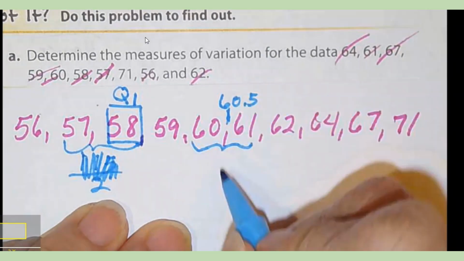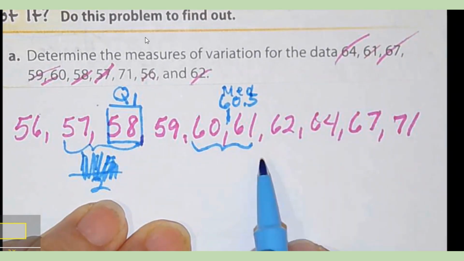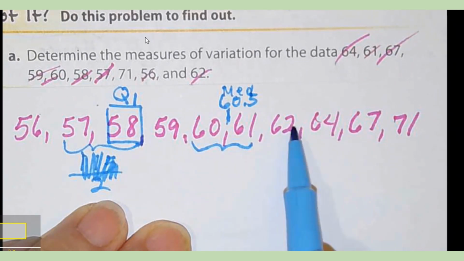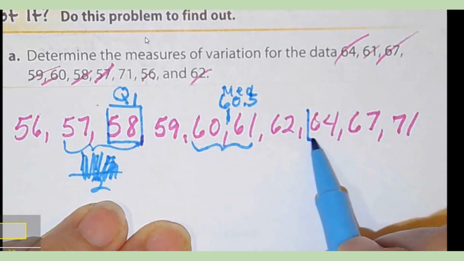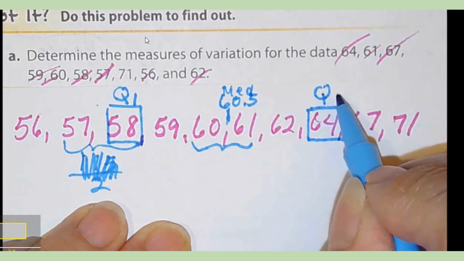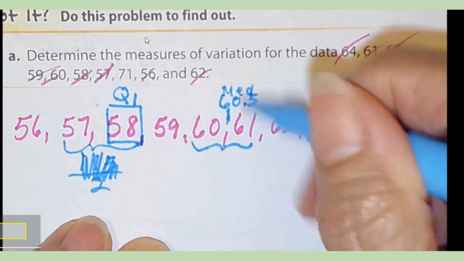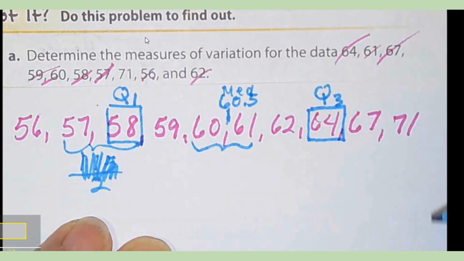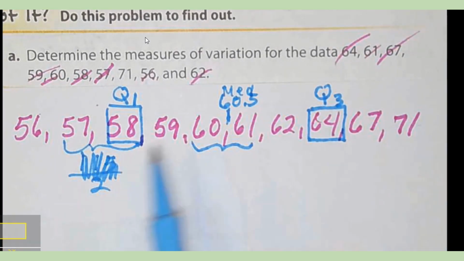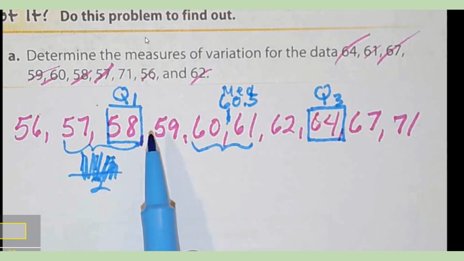This is my median. And so this, of course, because I forgot, I had this here, 1, 2, 3, 4, 5. This is my Q3. Okay, so we just found the Q1 and the Q3 and the median.